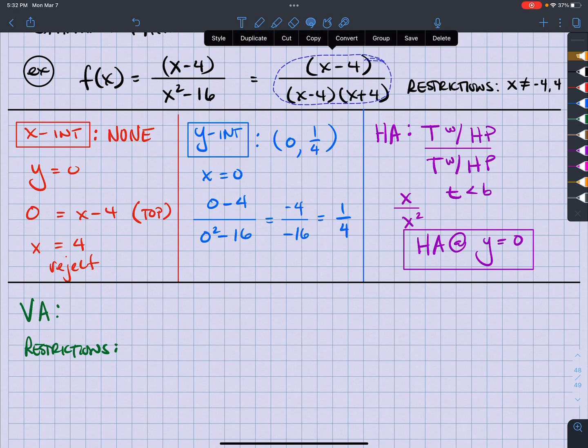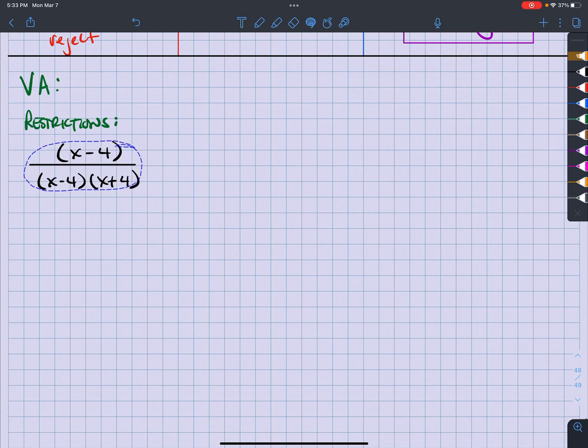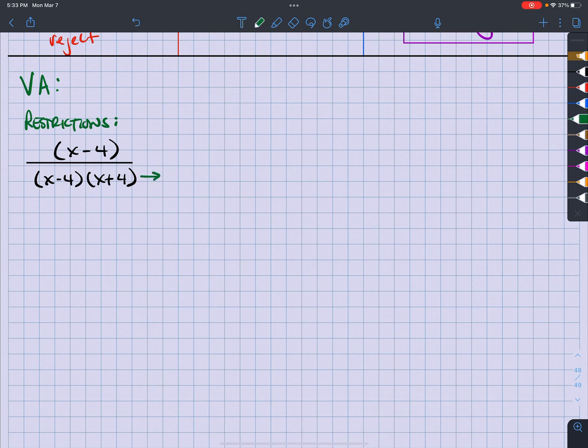So let me duplicate this, bring this down, and from here, based on restrictions, what I have to do is take this denominator and set it equal to 0, or not equal to 0. So I got x minus 4 can't equal 0. X plus, or you know what, let's just leave it as equal to 0. And x plus 4 is equal to 0.